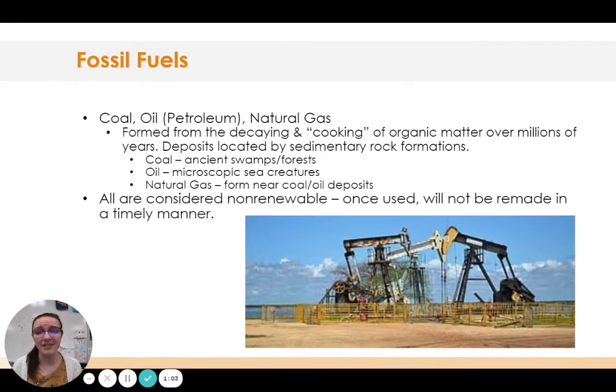So most often when we think of non-renewable resources, we think of fossil fuels. Coal, oil like petroleum, and natural gas all form from the decaying and cooking of organic matter over millions of years. And typically these are found in sedimentary rock formations, because sedimentary rock is where we're most likely to find fossils.